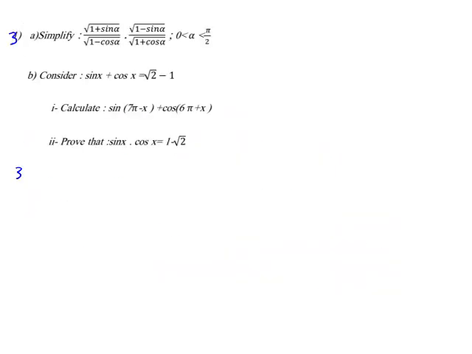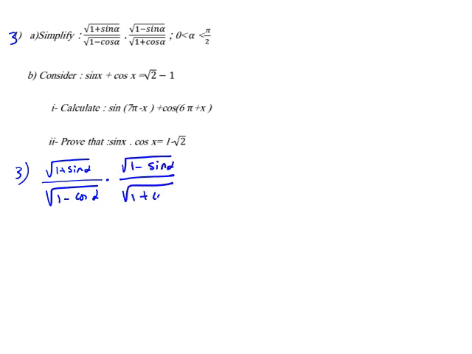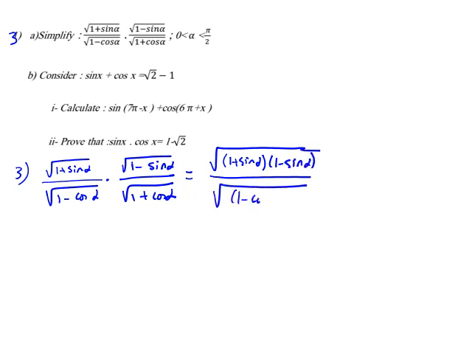Number 3. Simplify radical 1 plus sine alpha radical 1 minus cosine alpha times radical 1 minus sine alpha radical 1 plus cosine alpha. Under the same radical, 1 plus sine alpha times 1 minus sine alpha, and radical 1 minus cosine alpha times 1 plus cosine alpha.